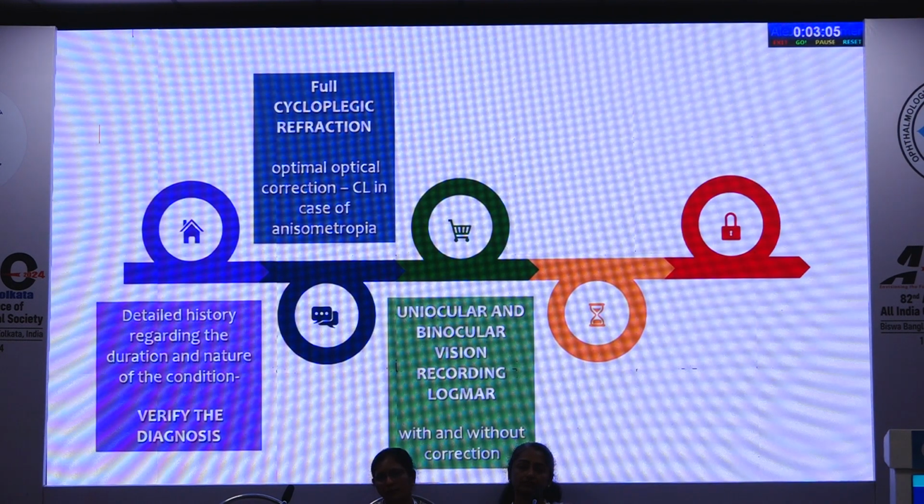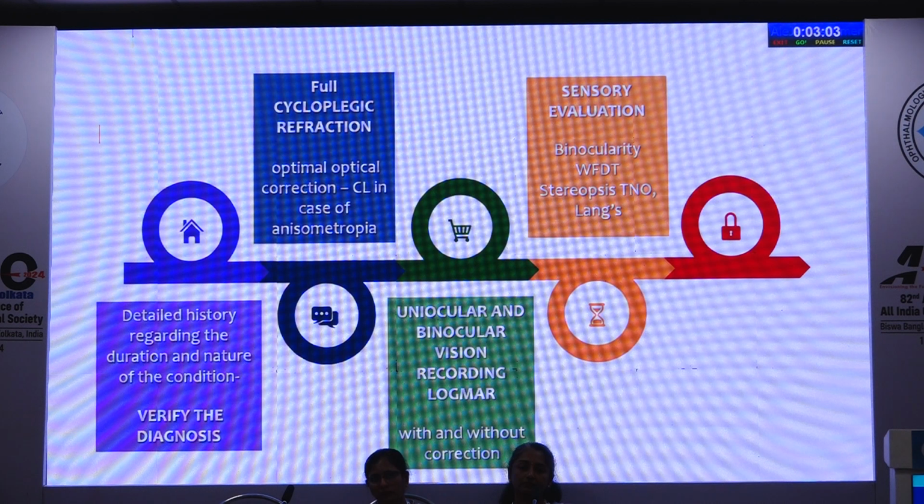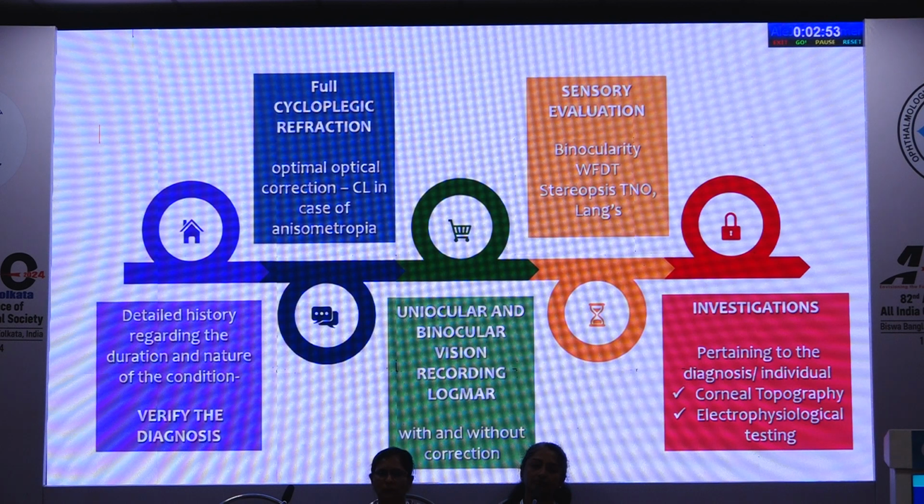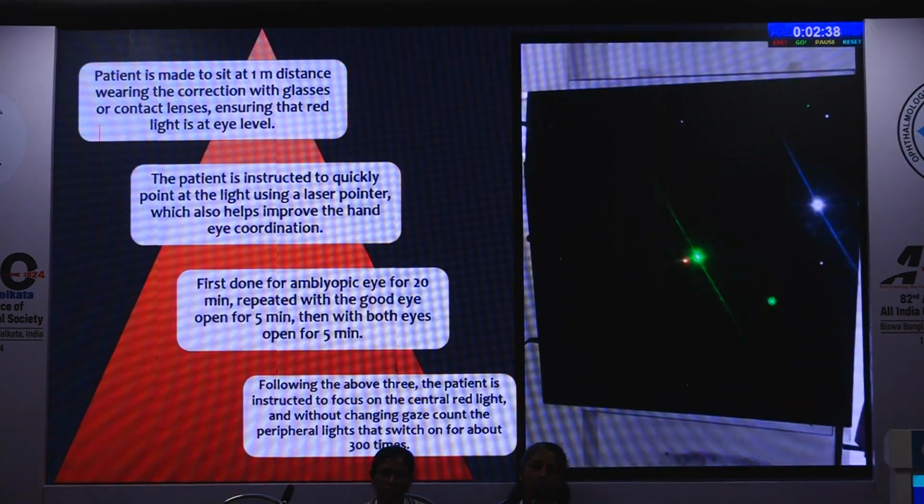Uniocular and binocular vision needs to be recorded. Sensory evaluation, at least the basics of binocular single vision with the Worth 4 dot test, and stereopsis can be recorded. Investigations are not a must, but in case we have certain doubts regarding the diagnosis or we are unsure, it is always better to establish it via relevant investigations, in some cases even electrophysiological testing and so on.